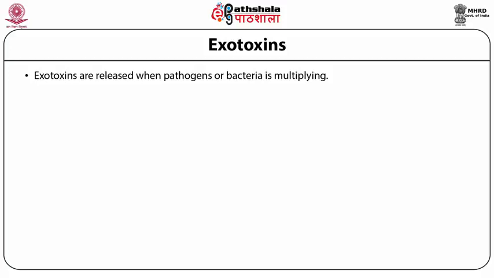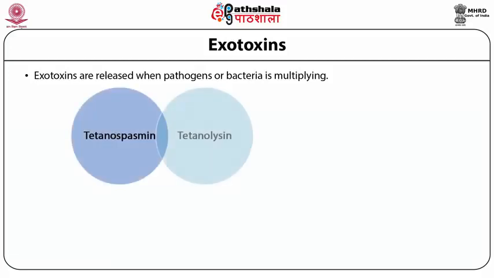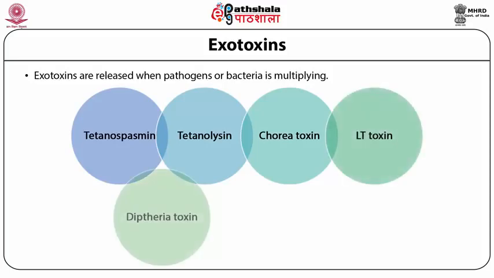For example, tetanospasmin, tetanolysin, cholera toxin, LT toxin, diphtheria toxin, botulinum toxin. Most of these toxins have two subunits, and that's why these are also known as AB type exotoxins. These exotoxins are the cause of tetanus, cholera, diphtheria, and botulism.